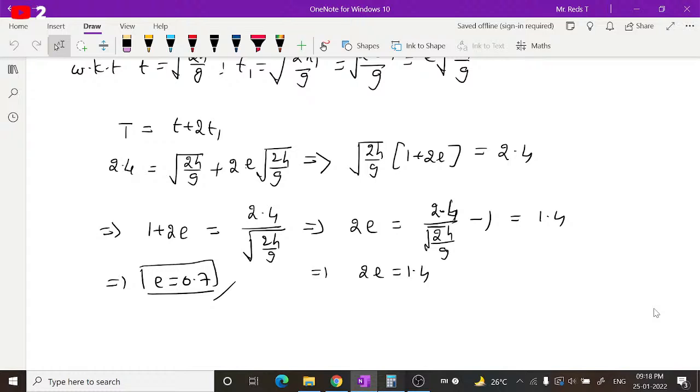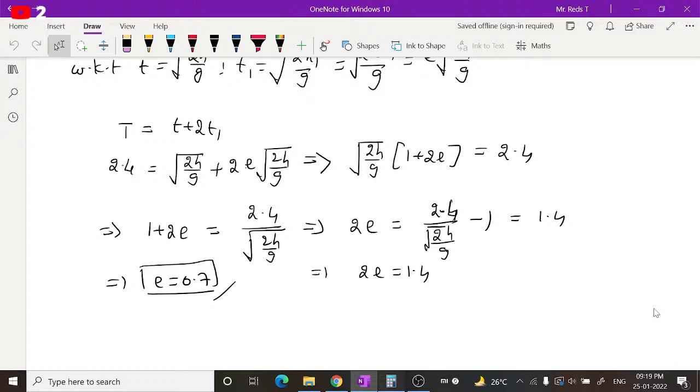Level 2, exercise 1. You have asked question 50. So, what is this?